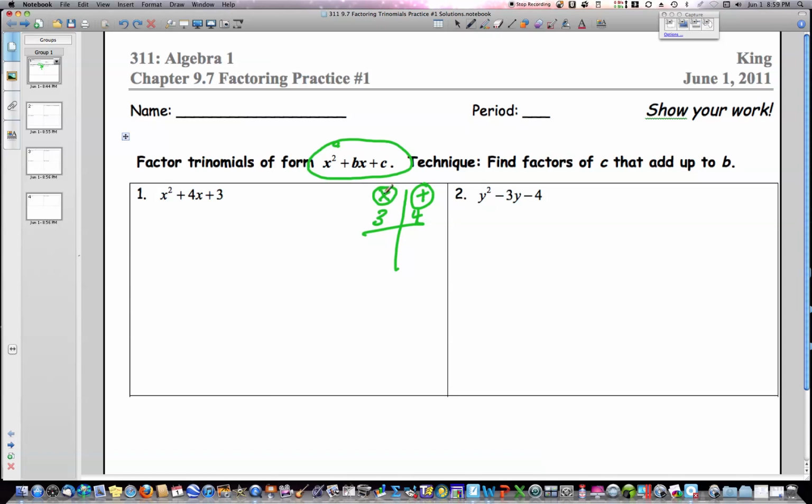Well, under here we can write down what some of those factors might be. Well, 3 is prime, so there really aren't many options. 1 times 3 is 3, and 1 plus 3 is 4.